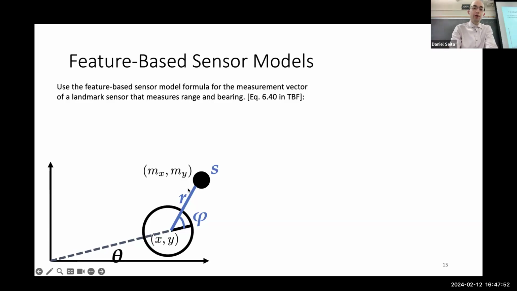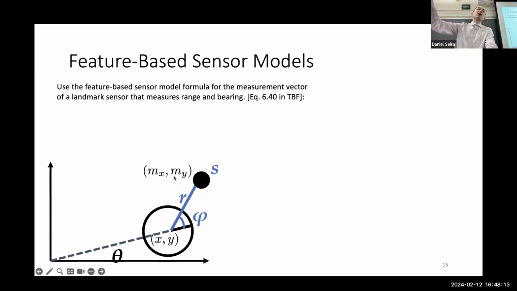The landmark is this big black circle. R is the range, and C is the bearing. R is the distance from the center of the robot to the landmark. And the landmark has coordinates mx and my.